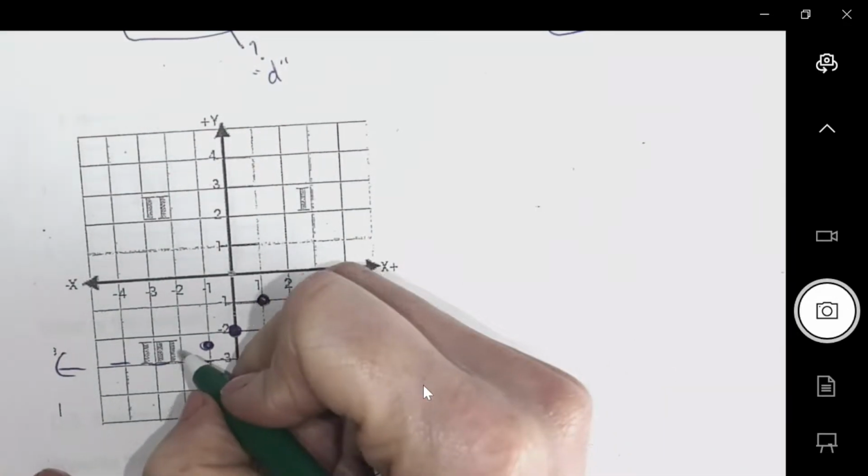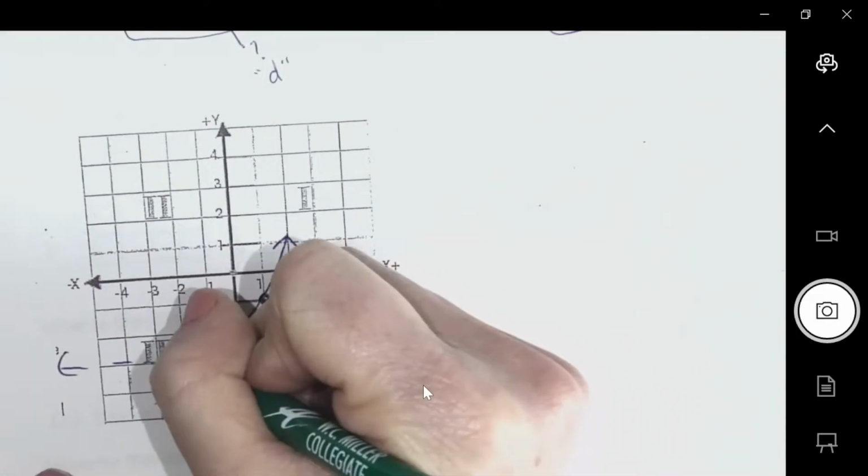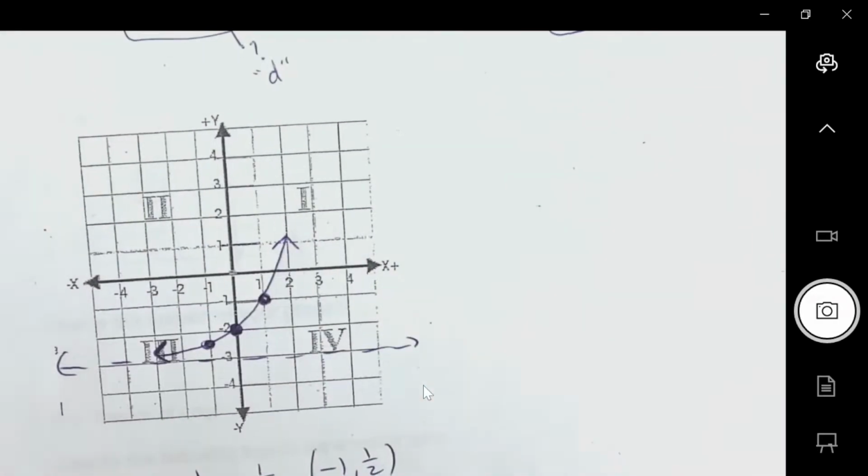So what's the general shape? Something like that. Are we okay with this? Base, get 3 points, then talk about your ABCD stuff.